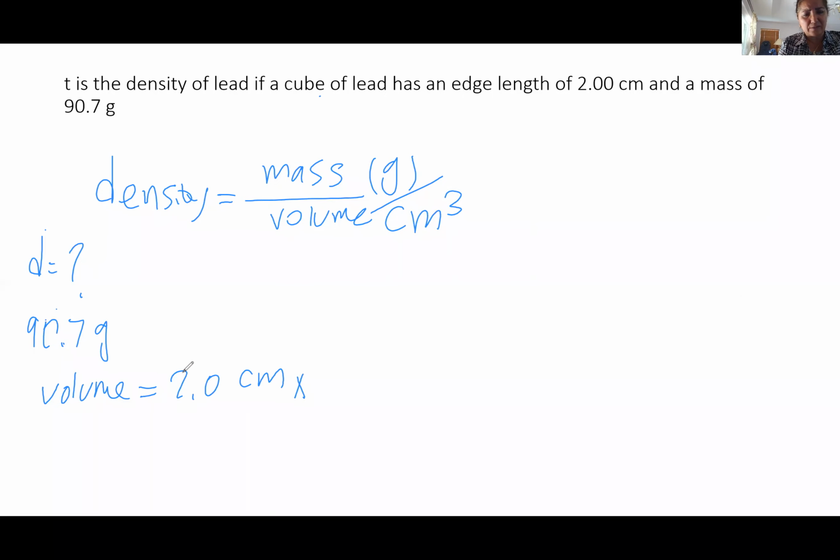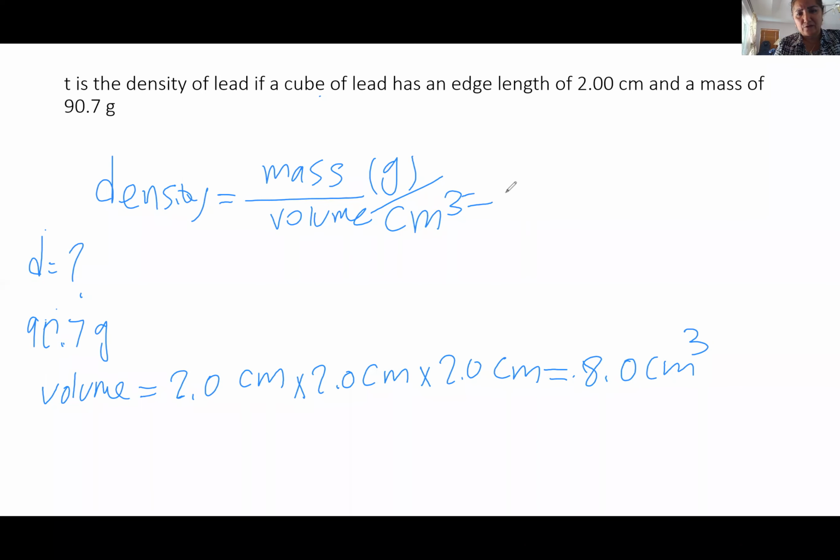So it would be the height times length times width. You multiply the 2 three times, the length times width times depth, the 3 dimensions, in order to get the volume, which gives you 8.0 cubic centimeters.